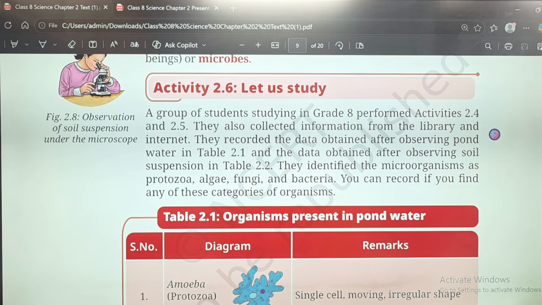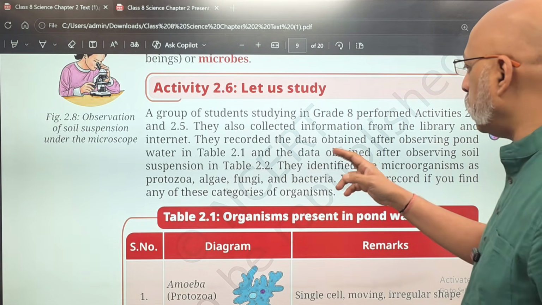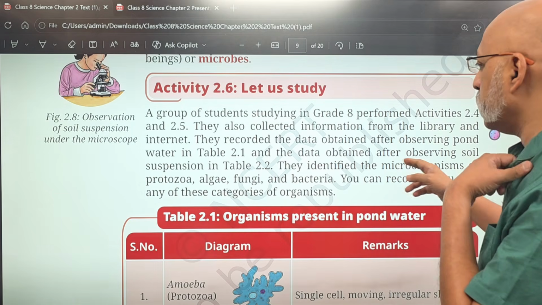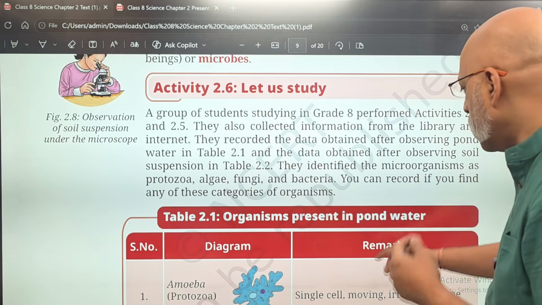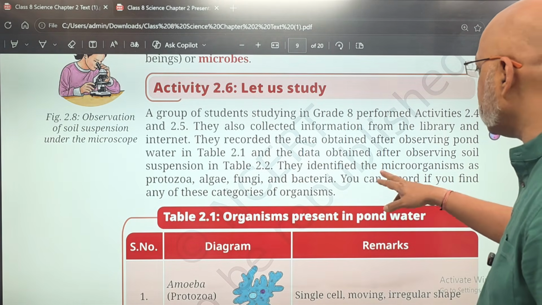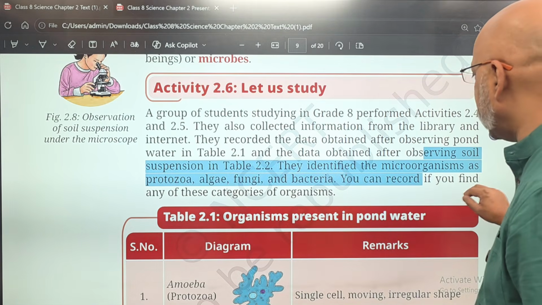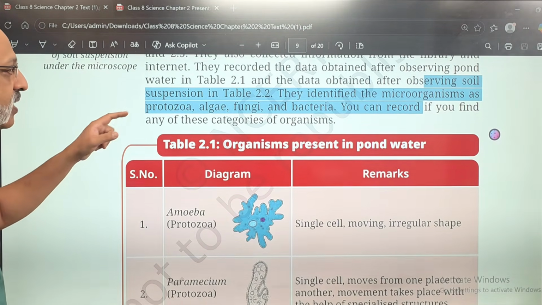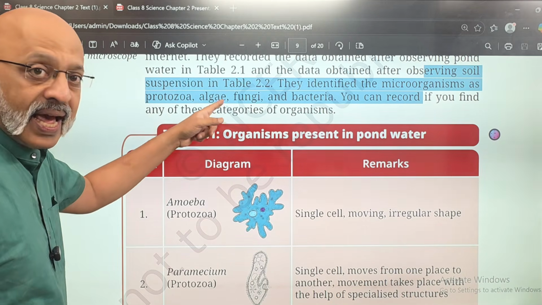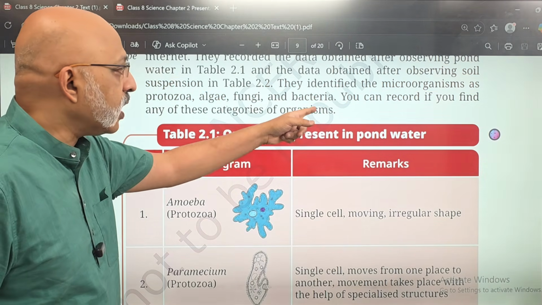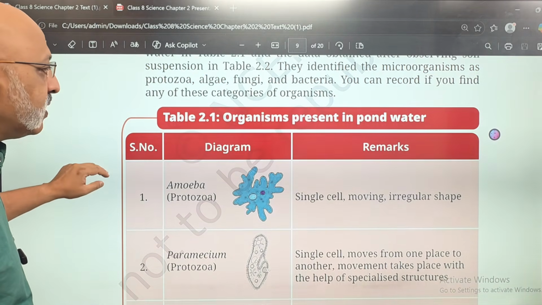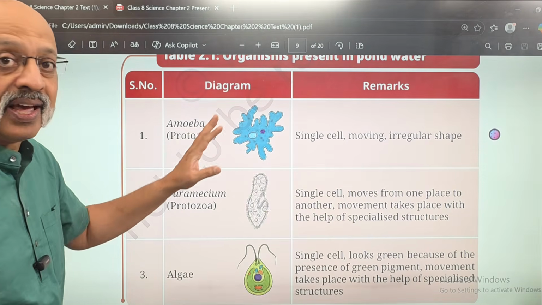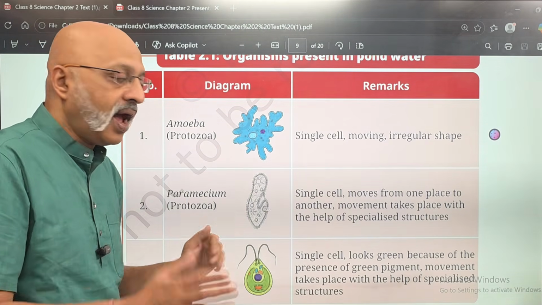They recorded the data obtained after observing pond water in table 2.1 and the data obtained after observing soil suspension in table 2.2. So you put it in different tables. They identified the different microorganisms they got. They are either protozoa, algae, fungus, or even bacteria. These are the different kinds of organisms they found in both the activities.